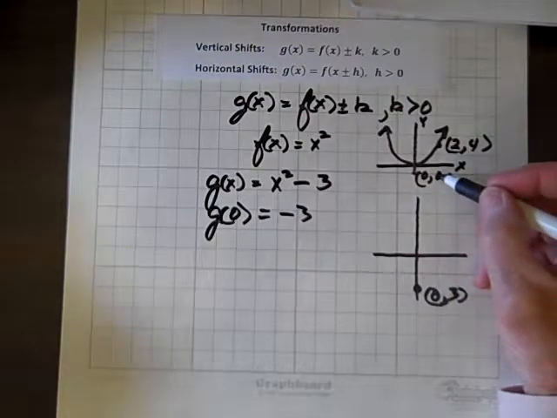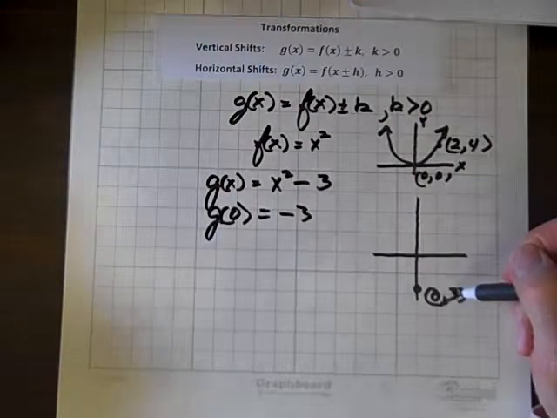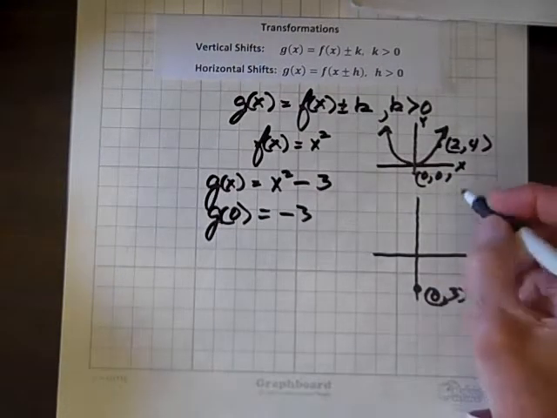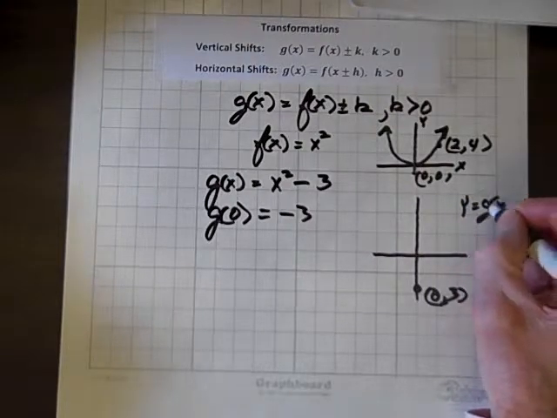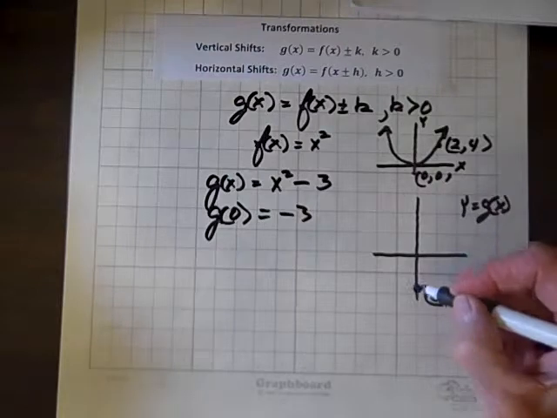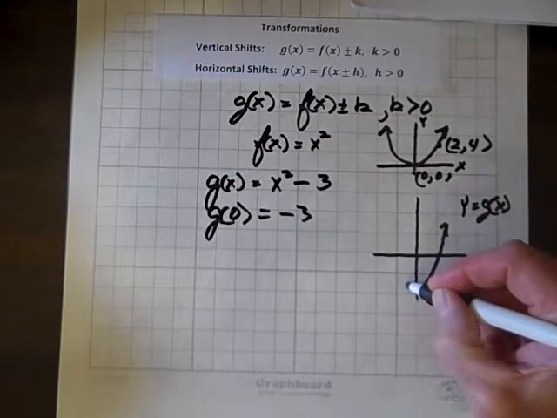And notice, the only coordinate that's changed here is the y-coordinate, because, keep in mind, y equals g of x. Okay, so now the graph looks like this.